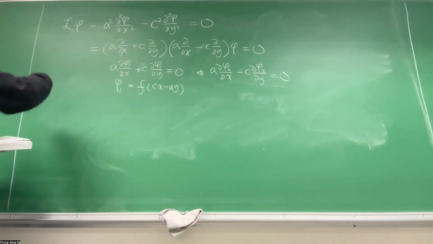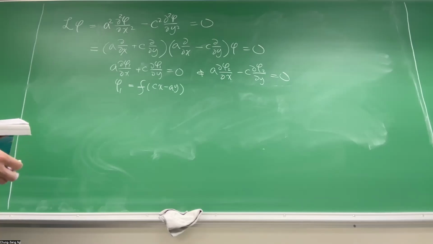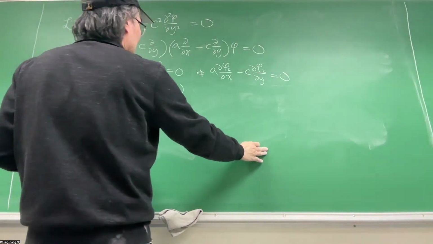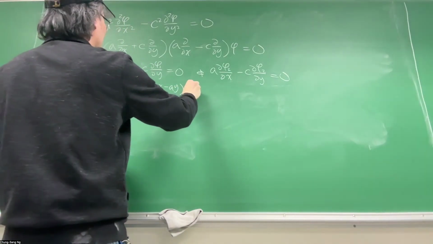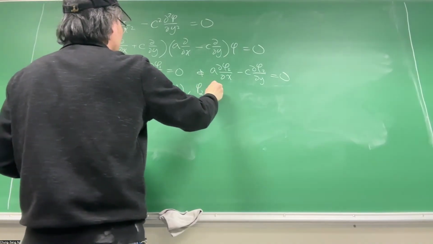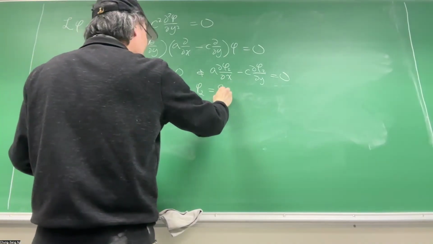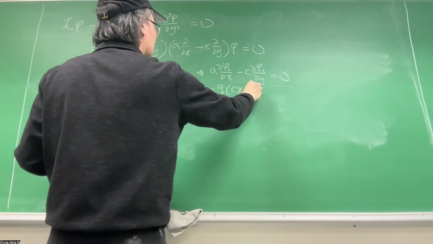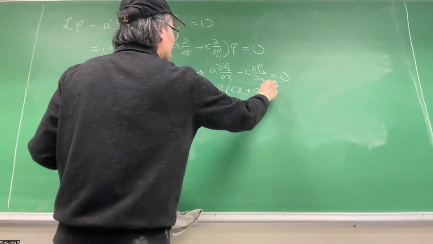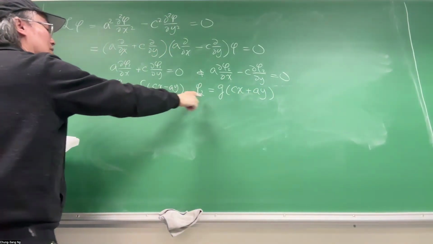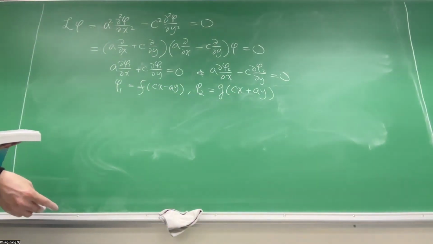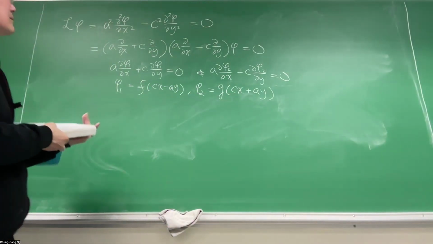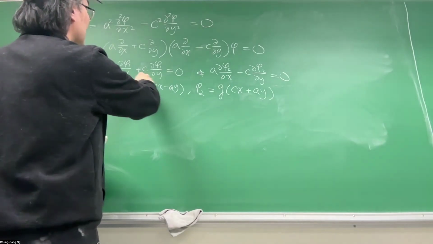Just use the result that we first talked about in the last section. And likewise, phi 2 will be some g function. Any general function will be a solution of that.